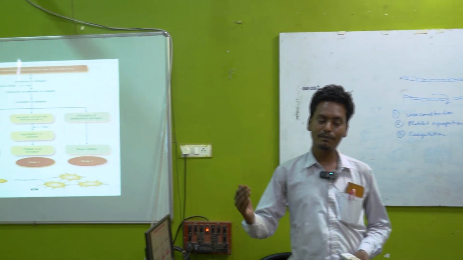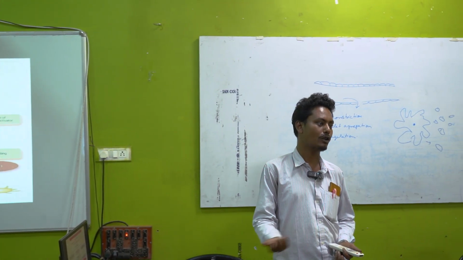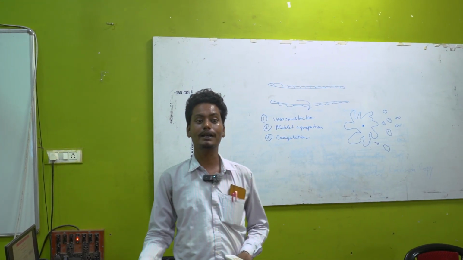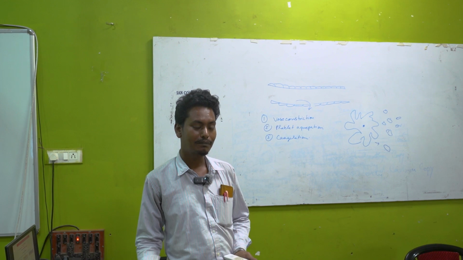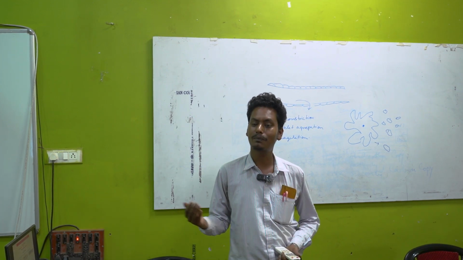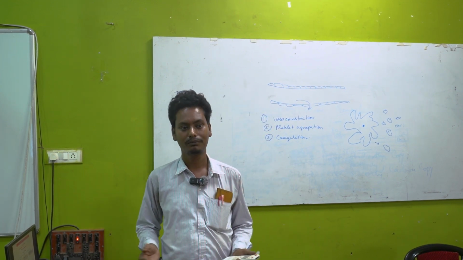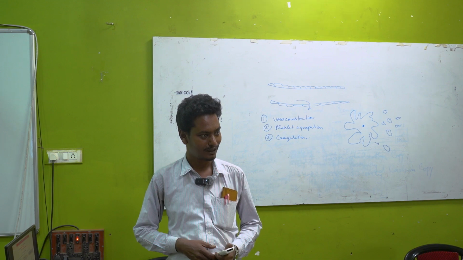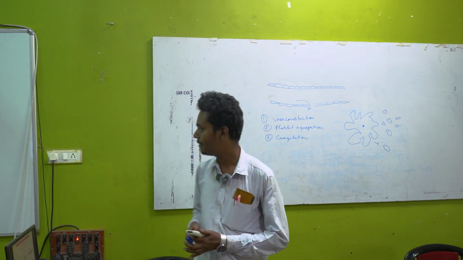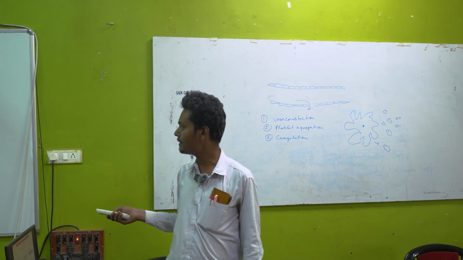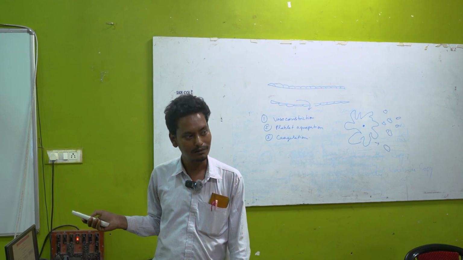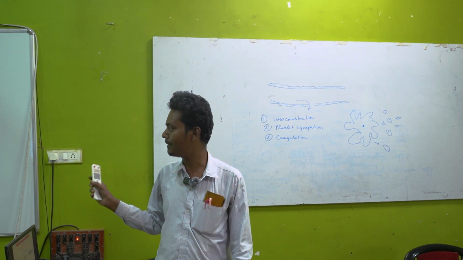Firstly, the fibrin produces fibrin monomers which are soluble, and then they are converted into fibrin polymer by polymerization, and the fibrin polymer is insoluble protein fragments. Understand? And finally, blood is coagulated and forms the blood clot that will stop the bleeding.